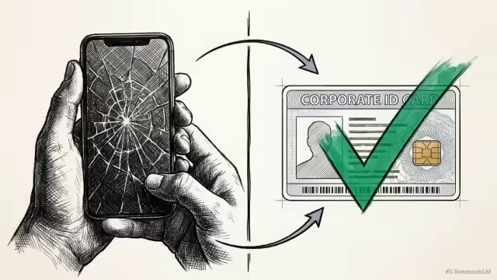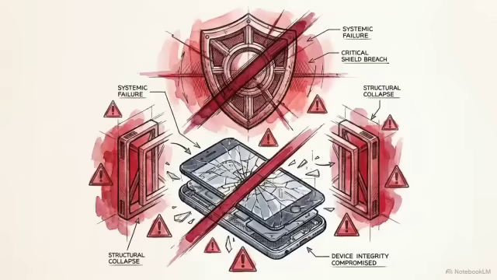By demanding dynamic state evaluation, the architecture ensures that an attacker utilizing legitimate, stolen user credentials on an unmanaged or compromised device will fail the algorithm and be denied access to enterprise data.